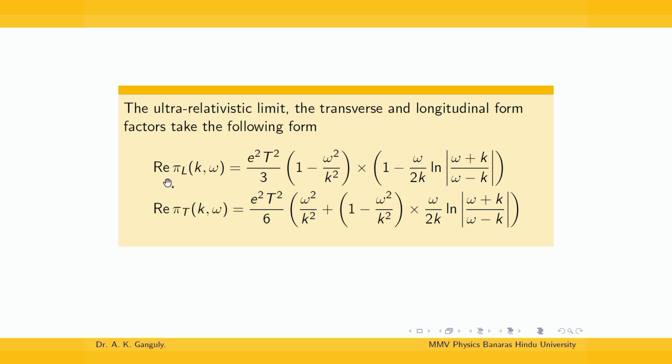So, in this situation the real part of pi L behaves in this particular fashion, and if your energy is beyond the pair production energy, then the imaginary part is 0, and so is the transverse part of the form factor, which is given in the line below.